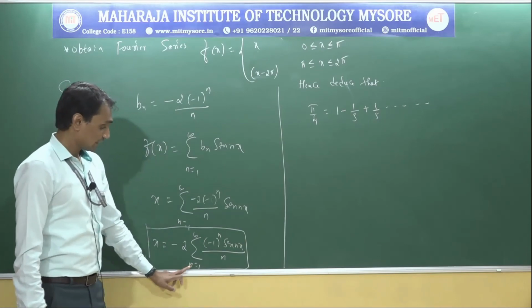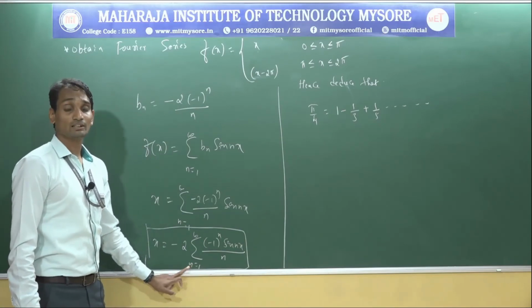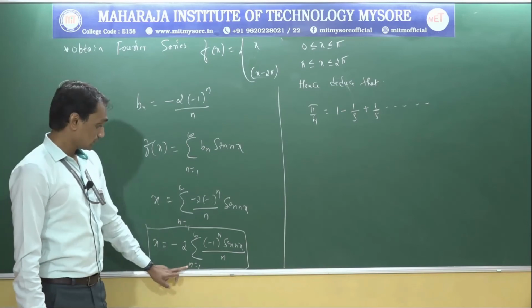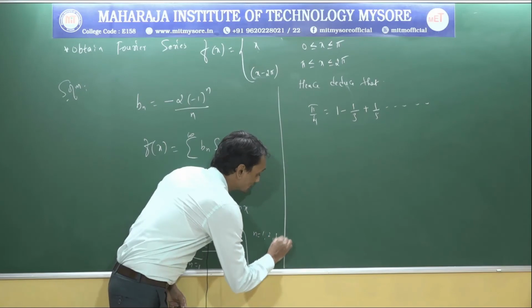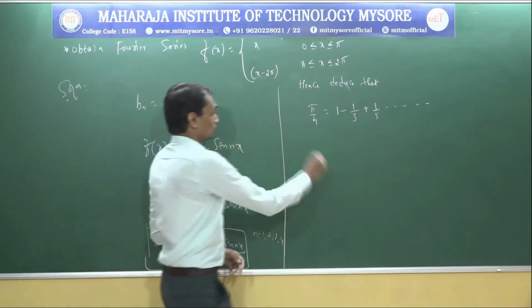Now I will do one thing. I will expand this, n equal to 1 to infinity. I will substitute n equal to 1, 2, 3 and 4 and expand.